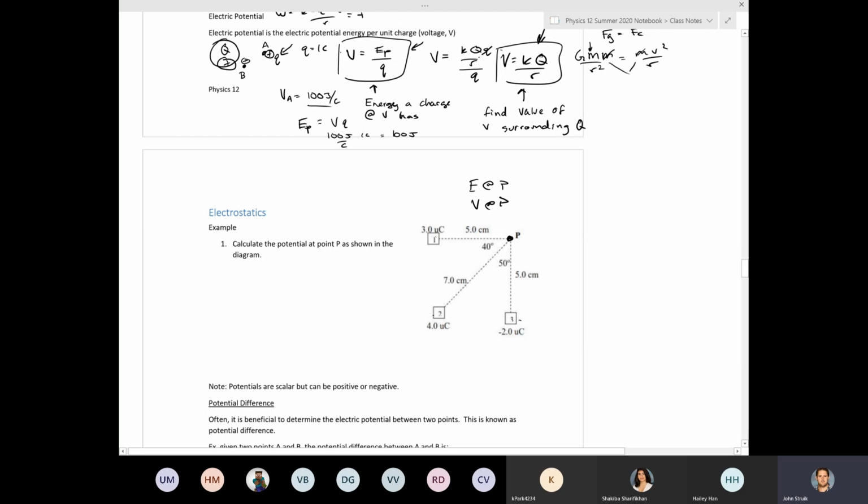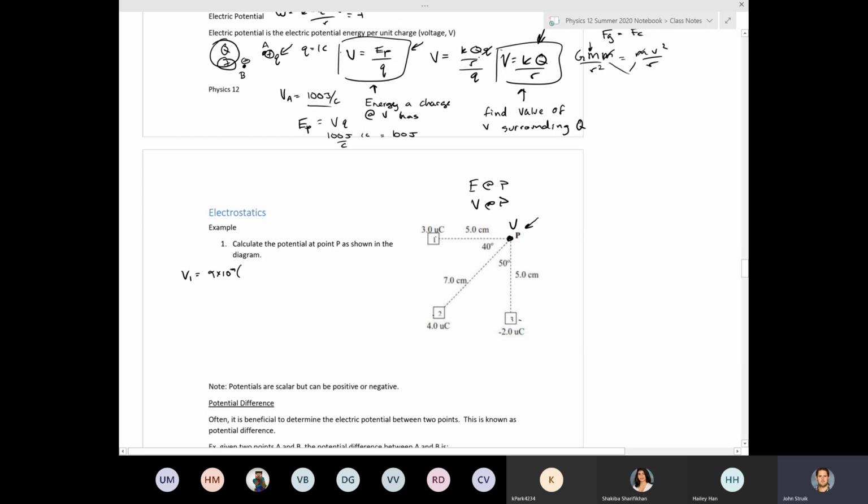So if I want to know 1, 2, and 3, V1 will be 9 times 10 to the 9 times, and this is V created by the charge. It's the potential at that point. There's no other charge being introduced at P. I'll explain that in a second.